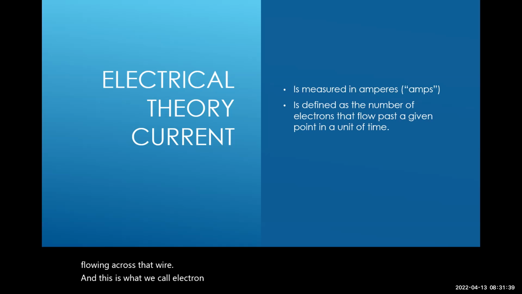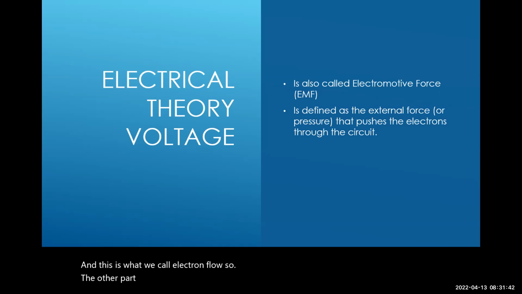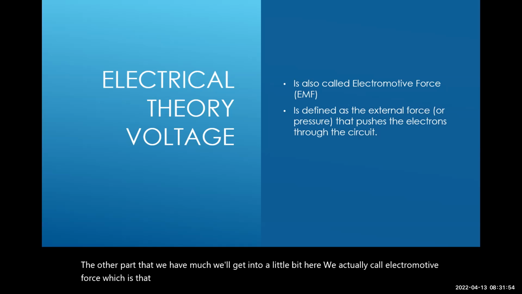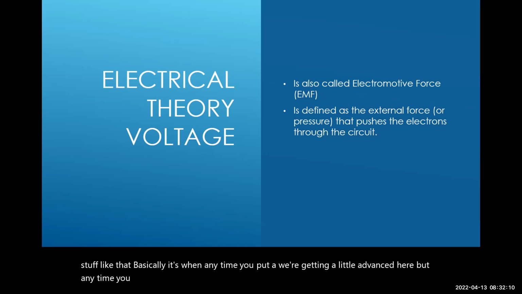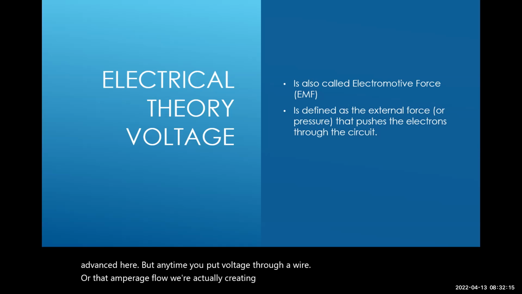The other part that we have we actually call electromotive force, which is that flow, EMF. Sometimes you'll hear things called EMF emissions and stuff like that. Basically, and we're getting a little advanced here, anytime you put voltage through a wire, or that amperage flow, we're actually creating a magnetic field.